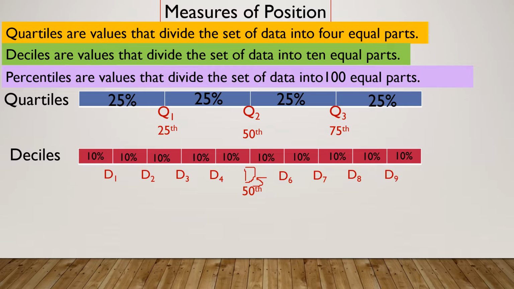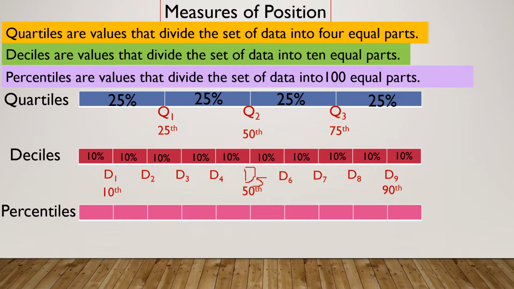D sub 7, D sub 8, D sub 9, and of course, this is D sub 10, which is the 100th here. So 90th, 80th, D7 means 70th. So we have the 10th and the 90th.